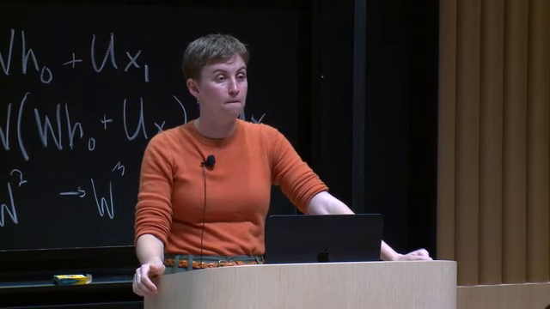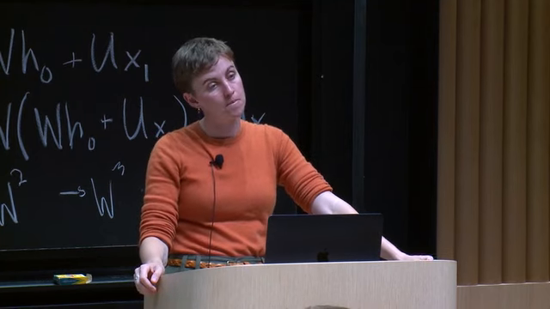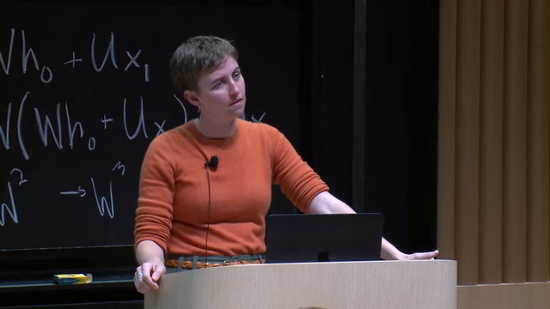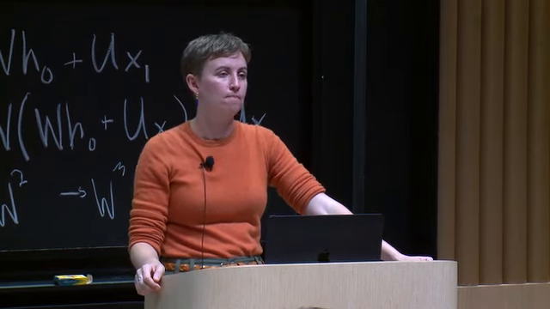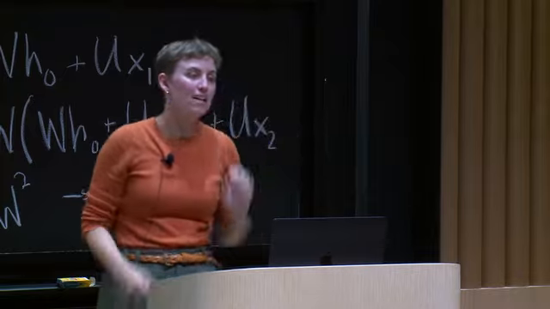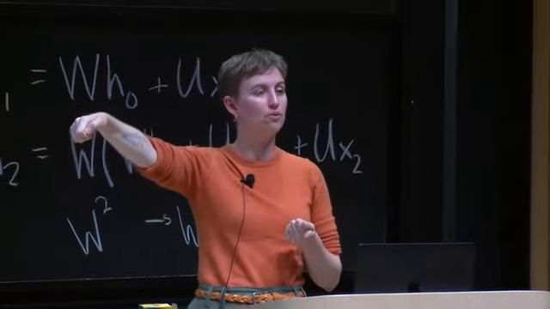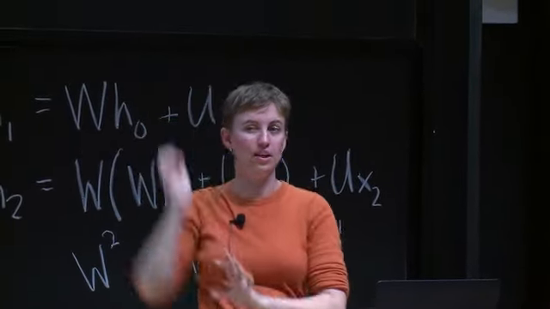Yes? Suppose I'm only interested in predicting the third next word. Should I do it in an autoregressive way using beam search and so on, or should I use a model that only outputs the third word? Because it seems to me that there is some information in the two previous words that helps you. I think that's a question that would depend. So the question was, what if I only care about predicting the word 3 ahead of where I am now, and I don't care about the things in between?